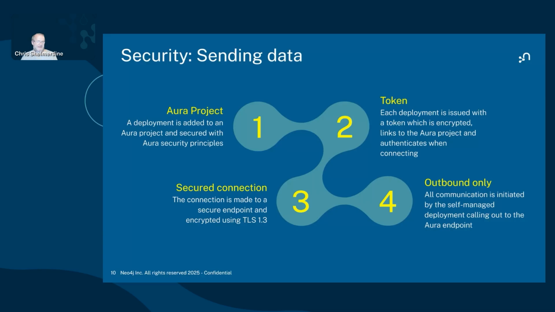And a key point here is the connection is only ever initiated from the self-managed Neo4j deployment. We never reach out from the Fleet Manager cloud service into your Neo4j deployment, because that would require complex networking configuration. So it's always initiated by your Neo4j deployment.